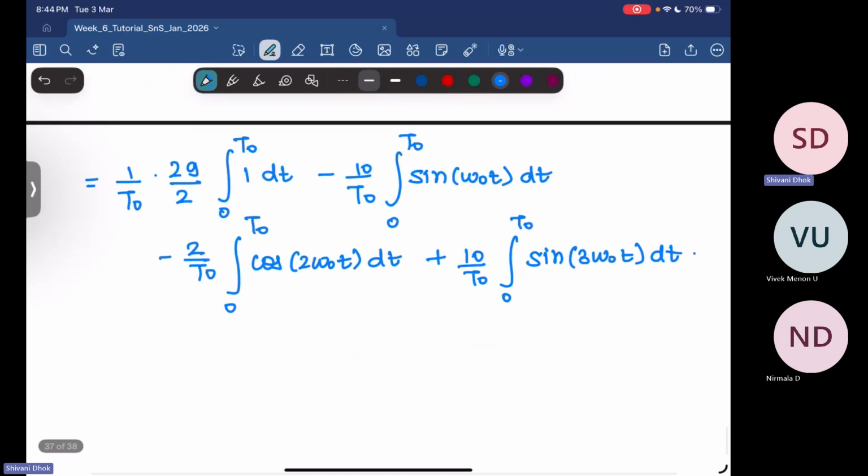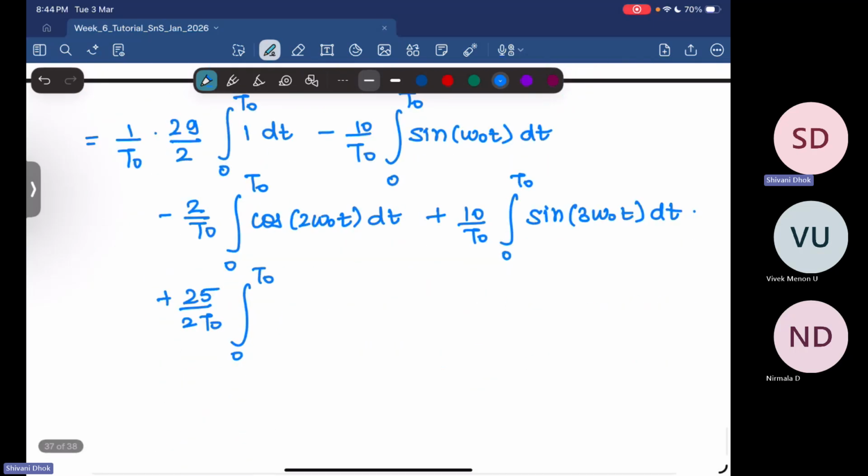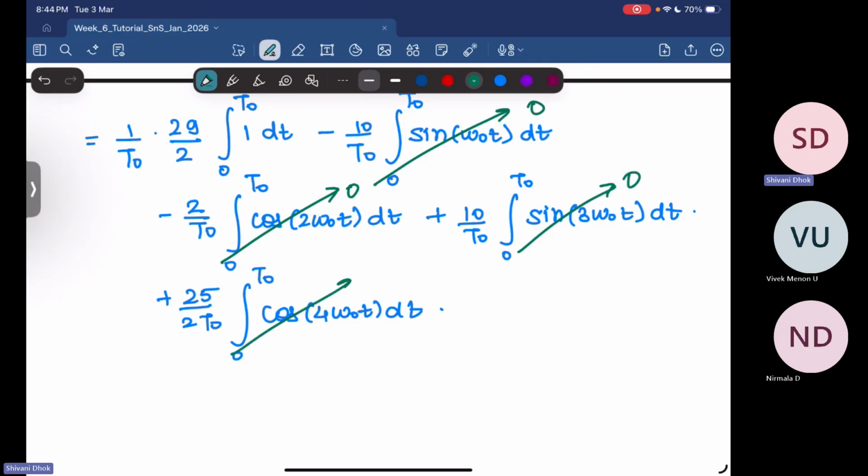And finally we have plus 25 by 2 t naught integral from 0 to t naught cos of 4 omega naught t dt. So as we saw, this integral goes to 0, this also goes to 0, this goes to 0, and this also goes to 0.